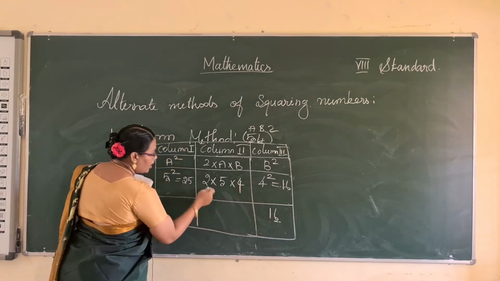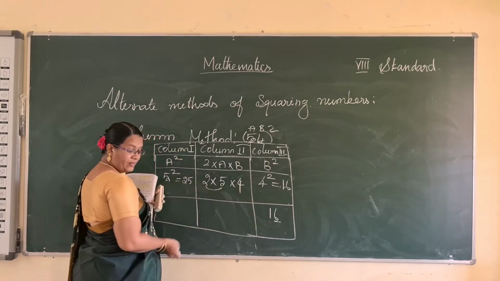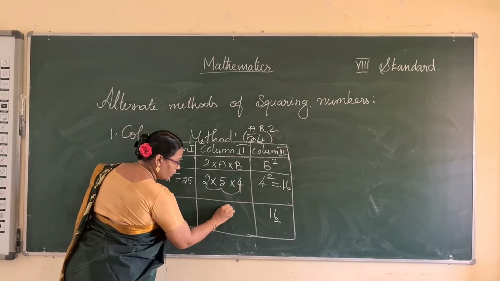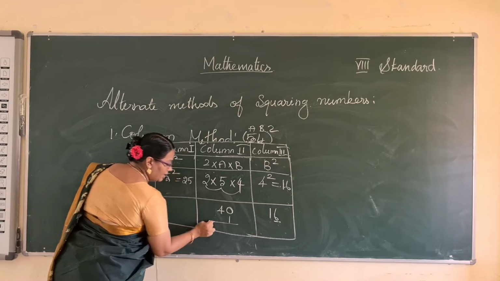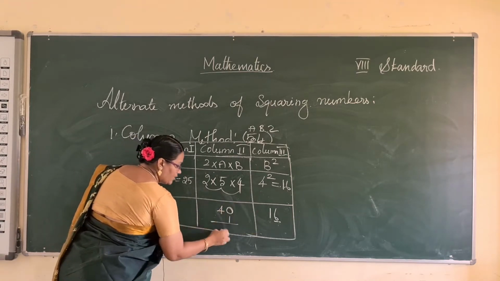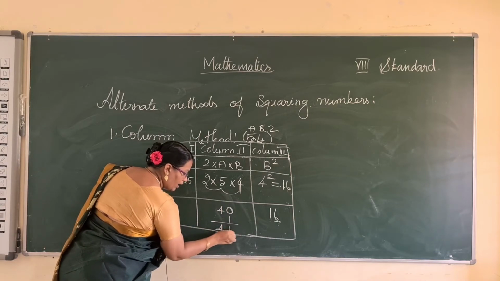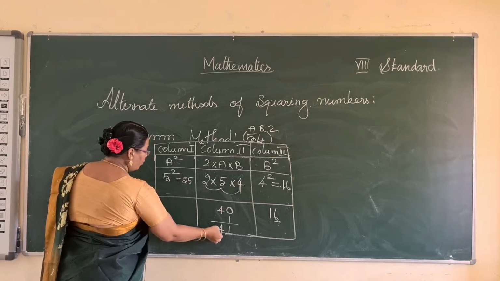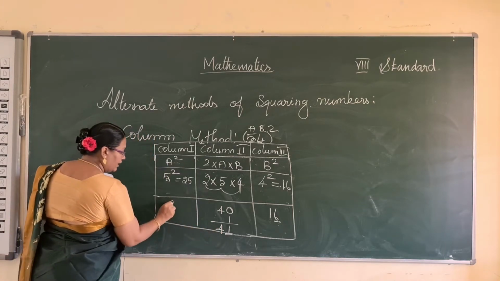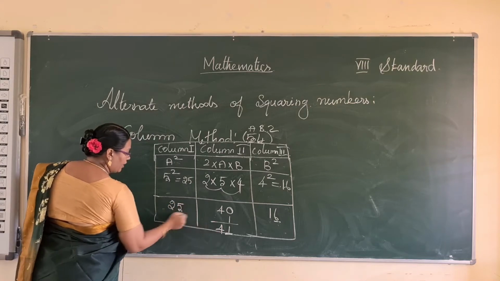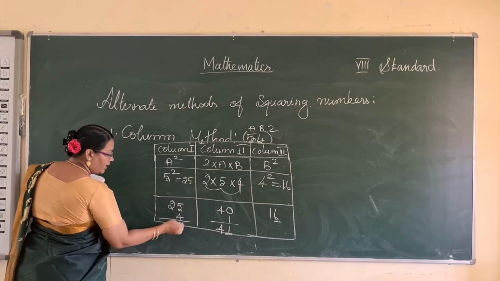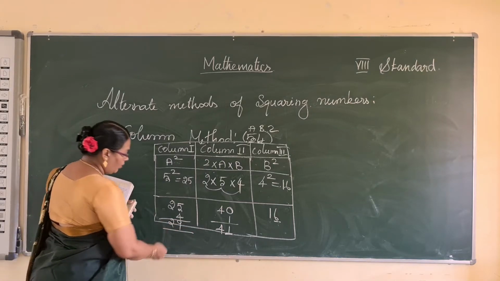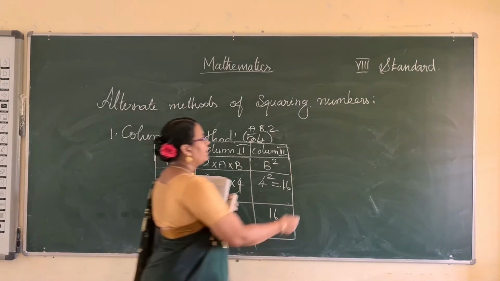Already here 2 fives are 10, and 10 fours are 40. That 1 will be added here, so 40 plus 1 is 41. Now underline the 1 in the unit place. The remaining 4 moves to column 1. Already here 25, and 25 plus 4 is 29. Now underline those numbers.